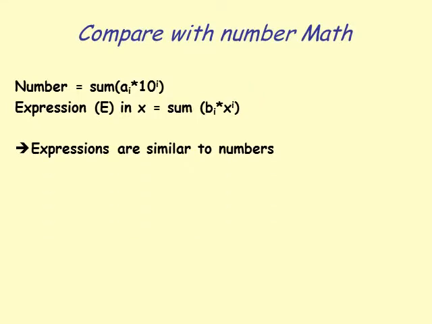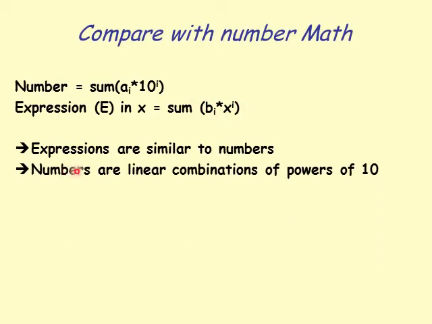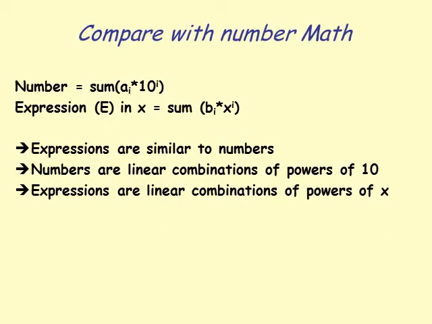Expressions are similar to numbers. If you compare these, this is a linear combination of powers of 10 and this is a linear combination of powers of x. Numbers are linear combinations of powers of 10, and expressions are linear combinations of powers of x.